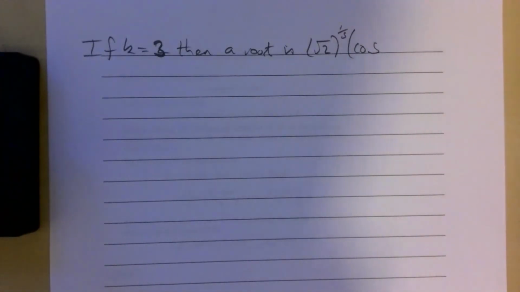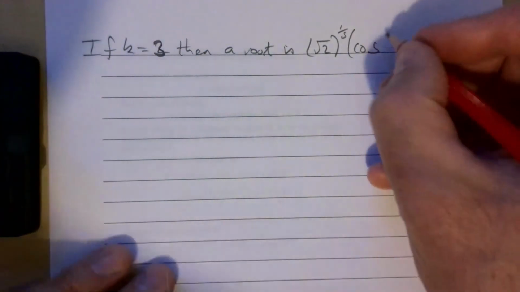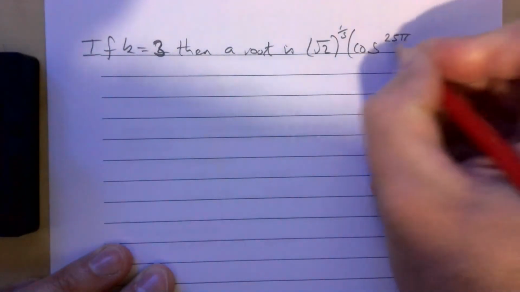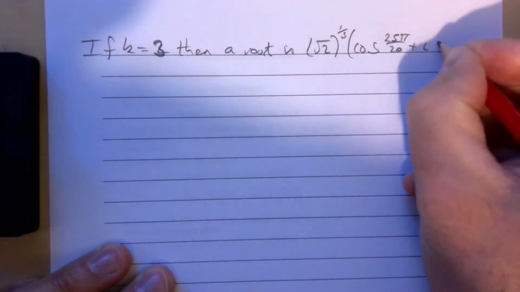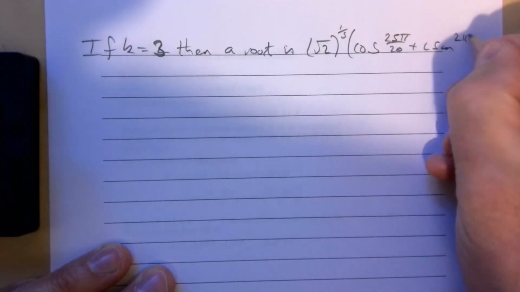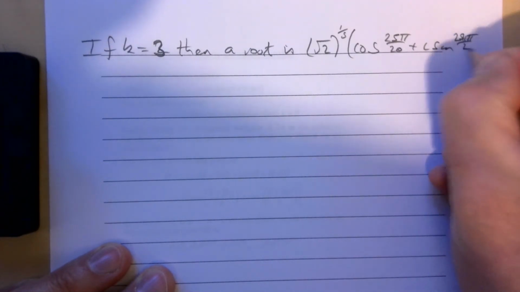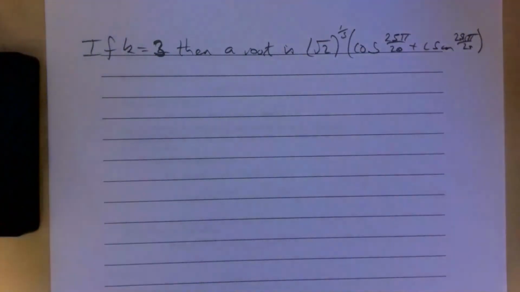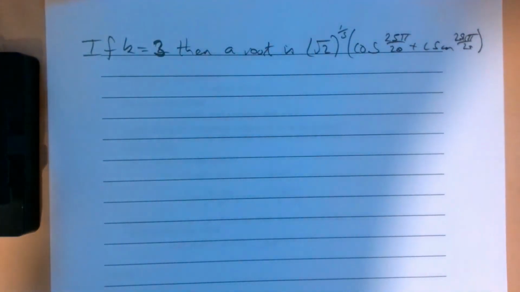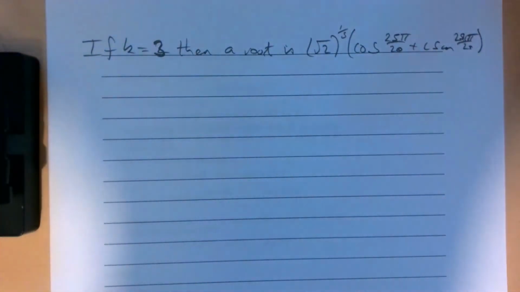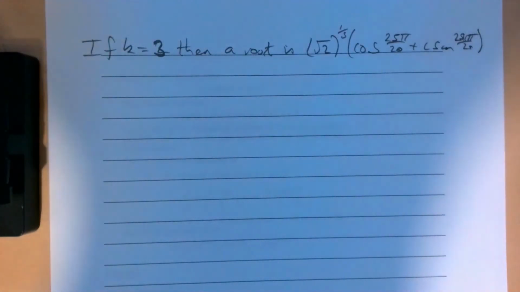So it's going to be 6 pi actually, so 6 pi then, if we're putting that over 4, it's going to be 24 then, plus the 1, 25 pi over 20. Plus i sine 25 pi over 20. Give me a wee second here. Let's see where they are.